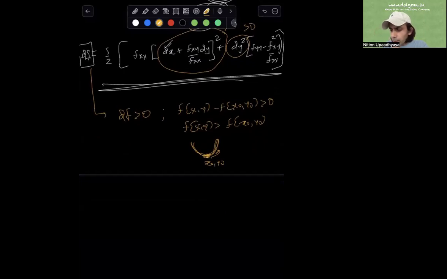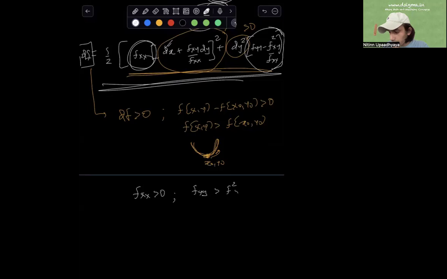All right, so how do I ensure that this expression is always positive, irrespective of the direction that you take? One of the conditions we can impose is that, let's say fxx is positive. So supposing this is positive, and simultaneously this expression is positive, which means that fyy is greater than fxy squared divided by fxx. Now, if I'm assuming that fxx is positive, this denominator is positive, so I can take it to the other side.